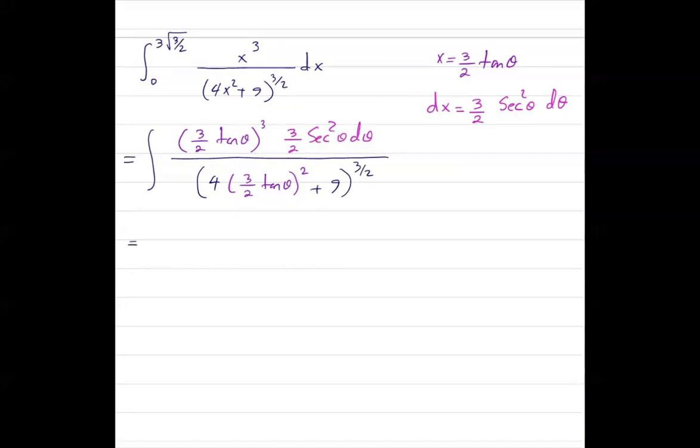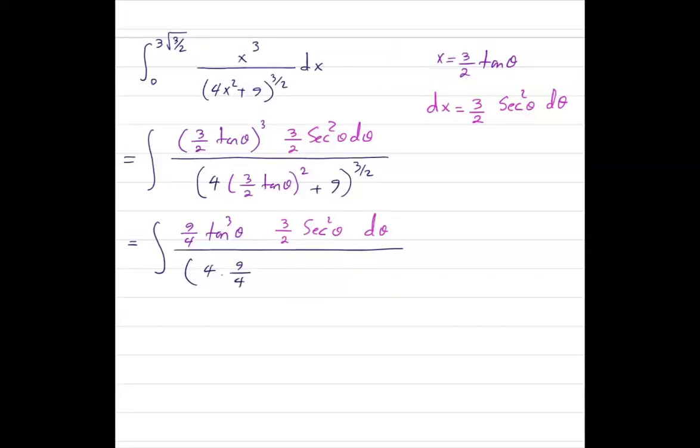This integral in turn can be written as 9/4 tangent to the third power of theta times 3/2 secant squared of theta d theta divided by, well, on my denominator, I have 4 times 9/4 tangent squared of theta plus 9, all raised to power 3/2.